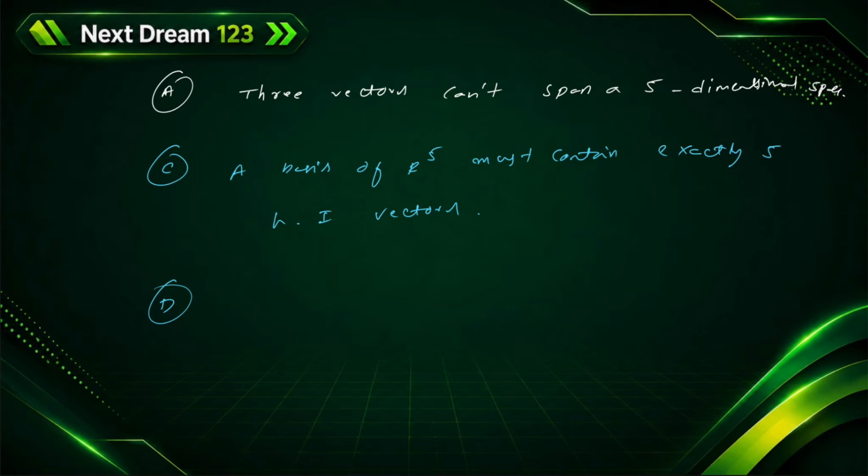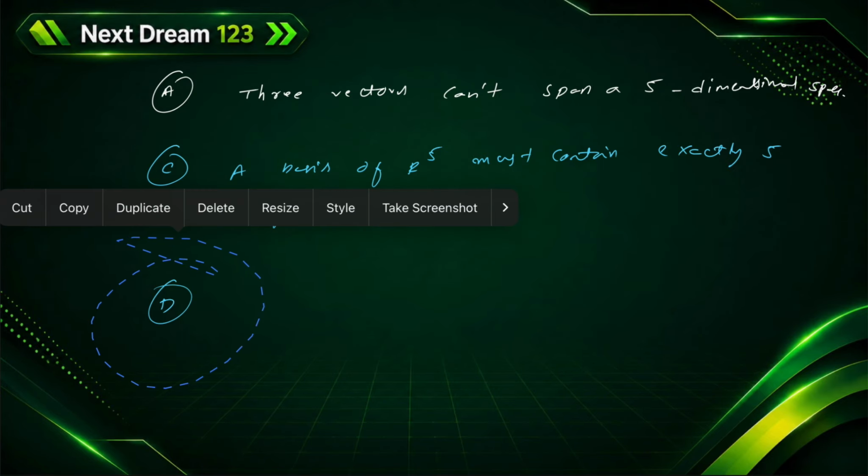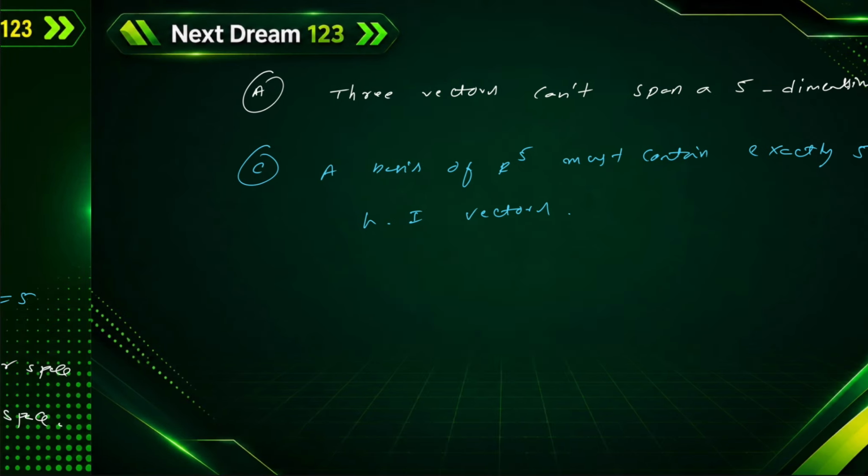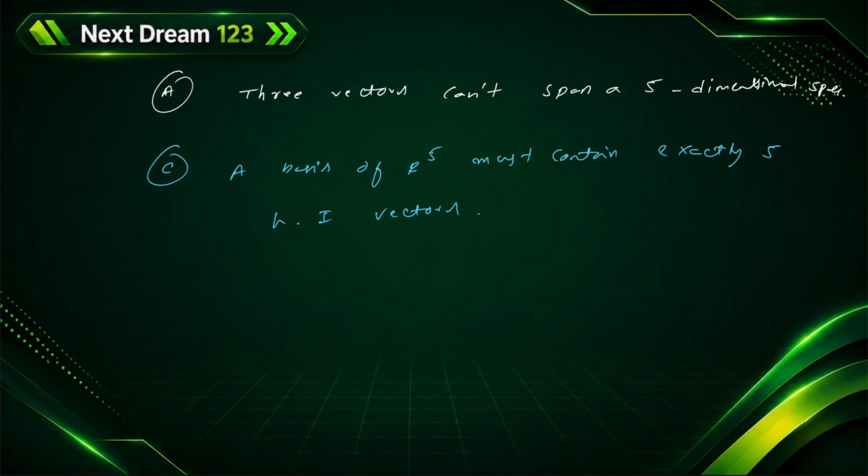If you want, you can write down one direct result like this. The same theorem you can write as a short form: a linearly independent set in a finite-dimensional space can always be extended to a basis.